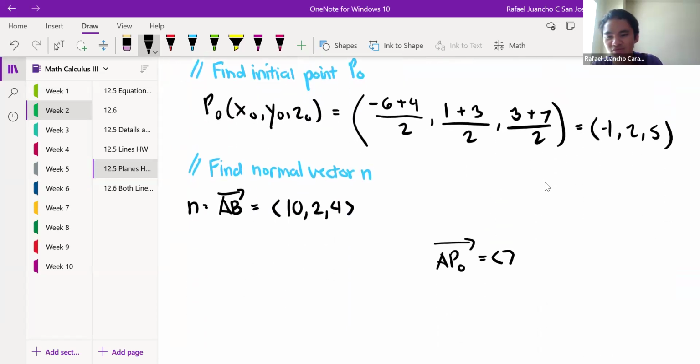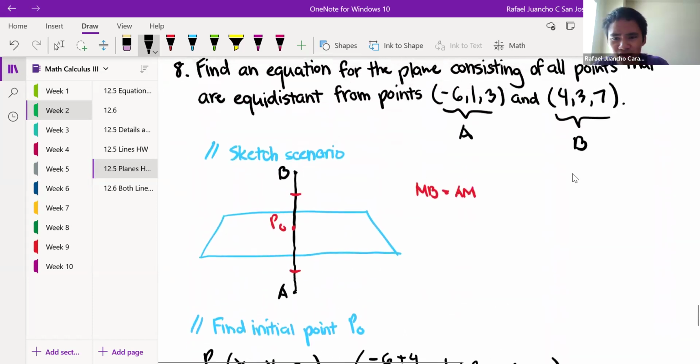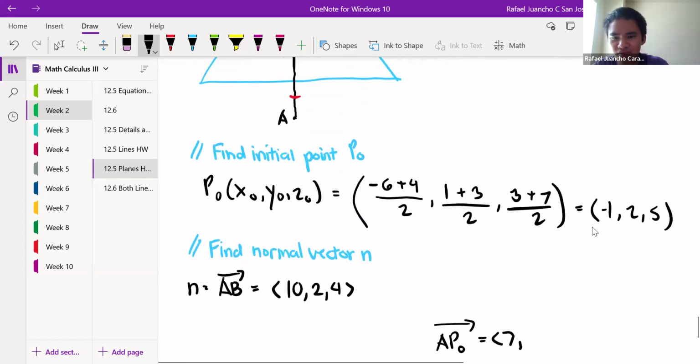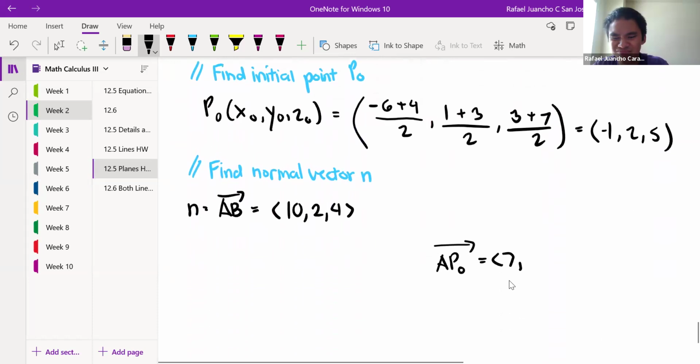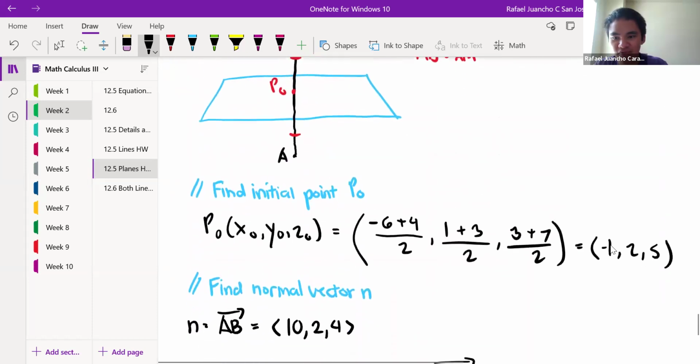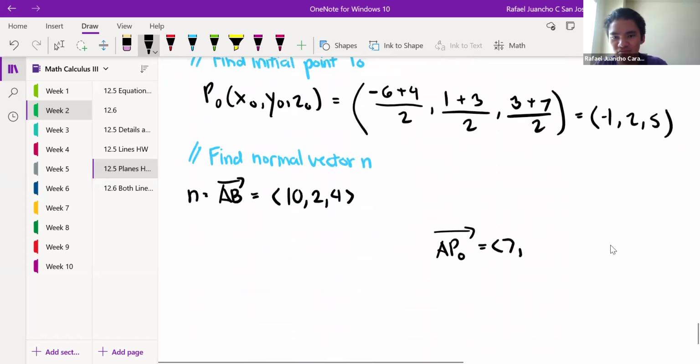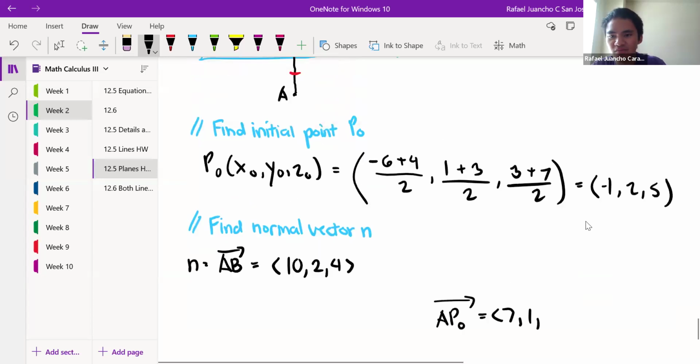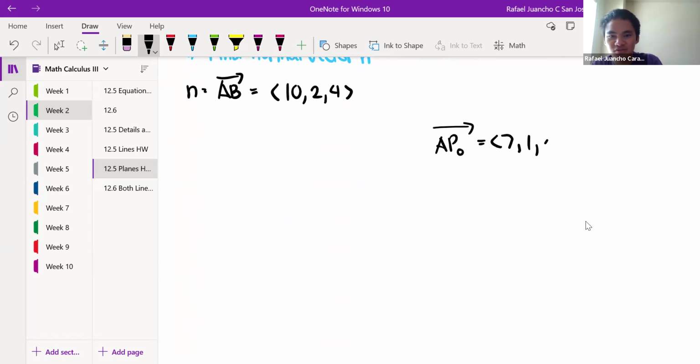I don't think that works. I think it was the other way around. Now we have 2 minus 1, so that's 1. Then we have 5 minus 3, so that's 2. No, that's not equal. 4 divided by 2 is 2. 2 divided by 2 is 1. So it was the other way around, P naught to A.